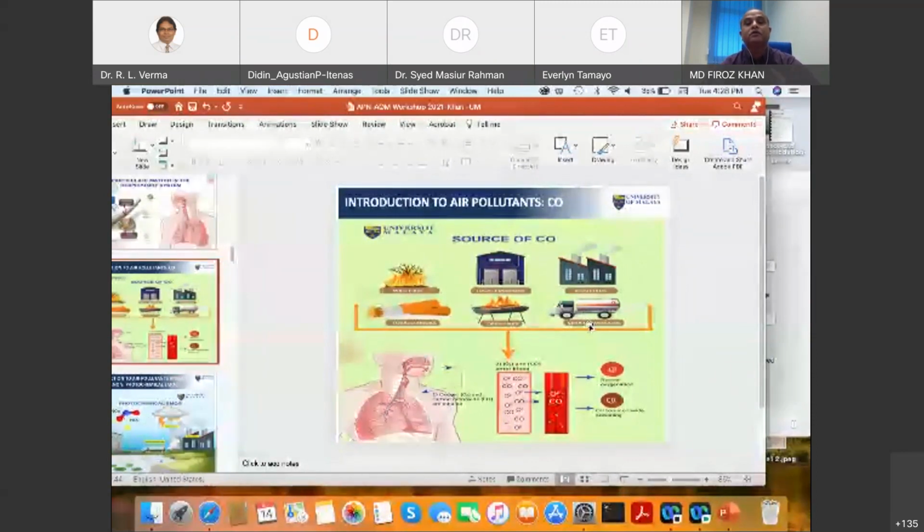And combustion of fuel, many kinds of fuel, sometimes solid, coal fuel, sometimes biomass burning, wood, right? Wood is also a kind of fuel, right? So once all the fuel burns, this is a simple combustion process. If complete combustion occurs, it ends with carbon dioxide. If there is incomplete combustion, CO, carbon monoxide, comes into our air.